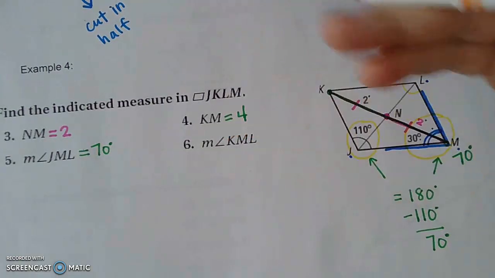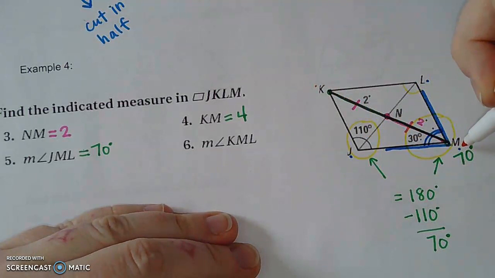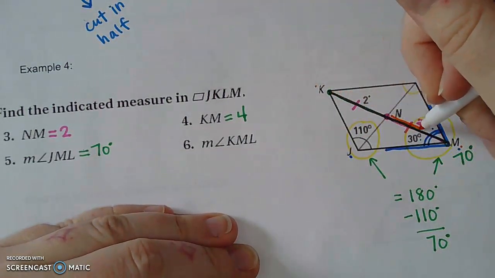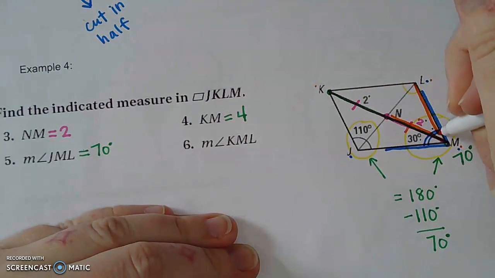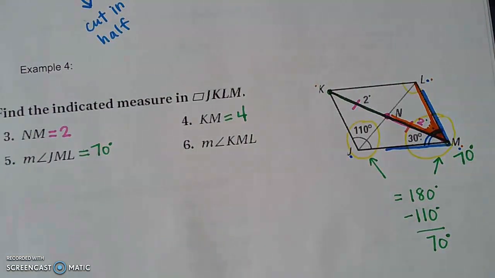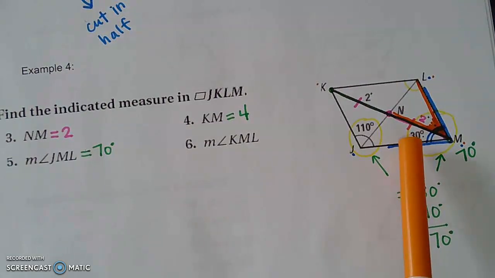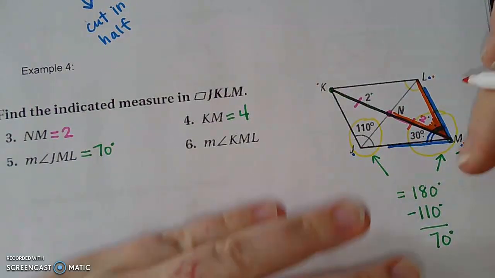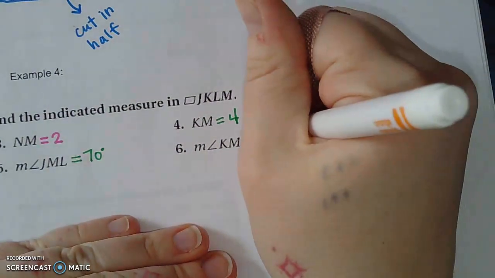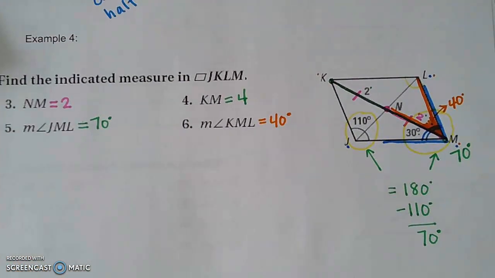K is up here, M is here, and L is here. So we are looking for this angle right here. Since we just figured out that this whole corner is 70 degrees, and I know this little piece is 30, then this has no choice but to be 40 degrees. Okay, and there's our answer.